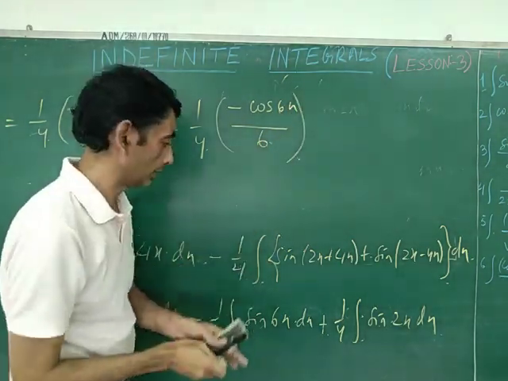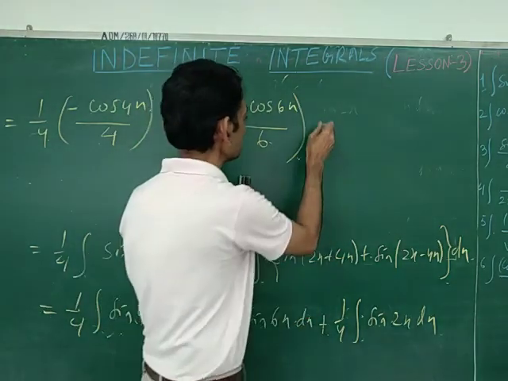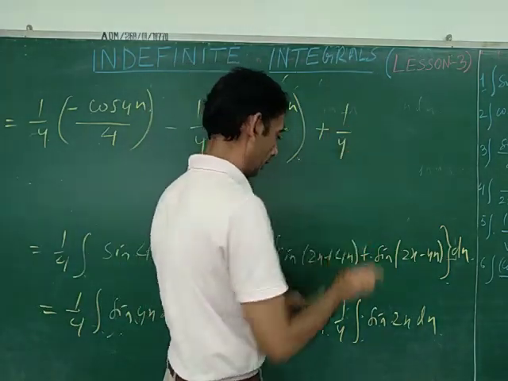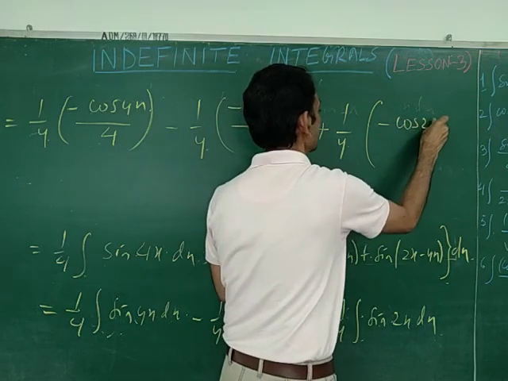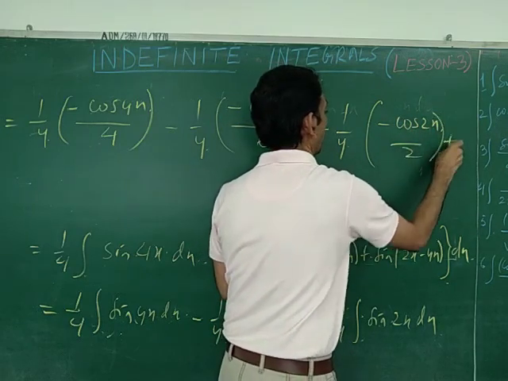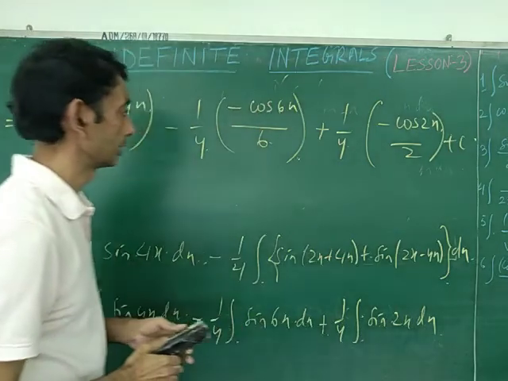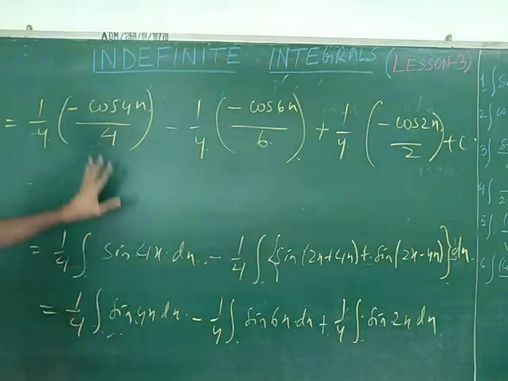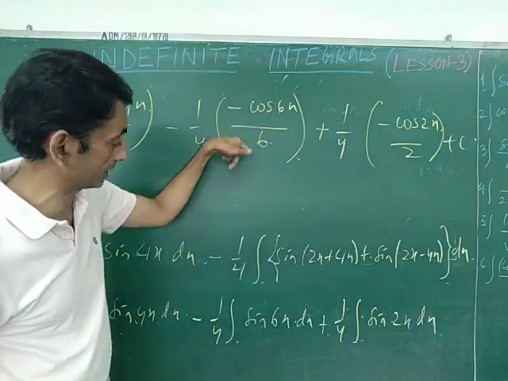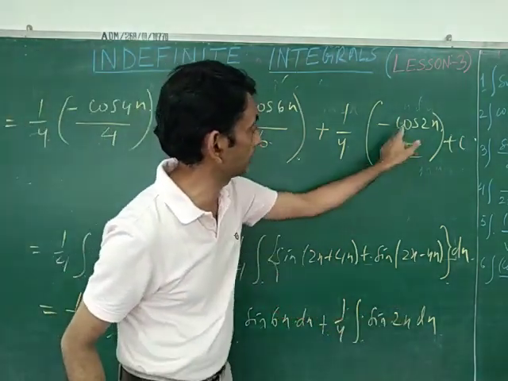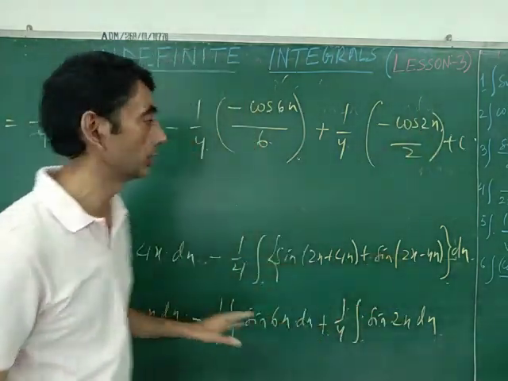Now how to integrate this? This is plus 1 by 4, and sin 2x is minus cos 2x by 2, plus c. Then sin 4x is minus cos 4x by 4, sin 6x is minus cos 6x by 6, and sin 2x is minus cos 2x by 2.